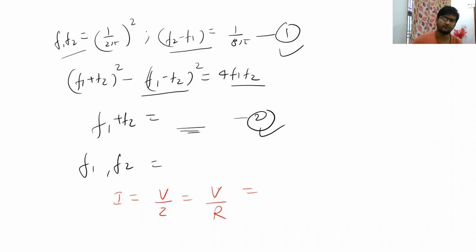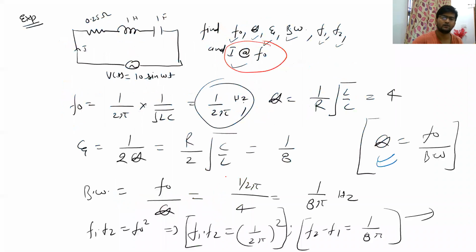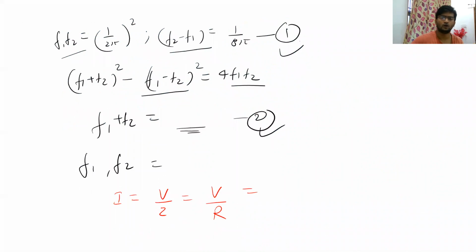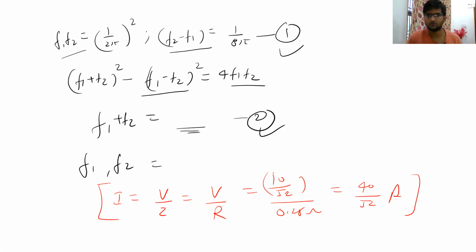We have the equation for V, which is 10 sine omega t, and this value is Vm. So the RMS value of V is Vm by root 2, which is 10 divided by root 2. We already have R as 0.25 ohm, so from this we get 40 by root 2 ampere. This is how we will calculate all the values for this question.